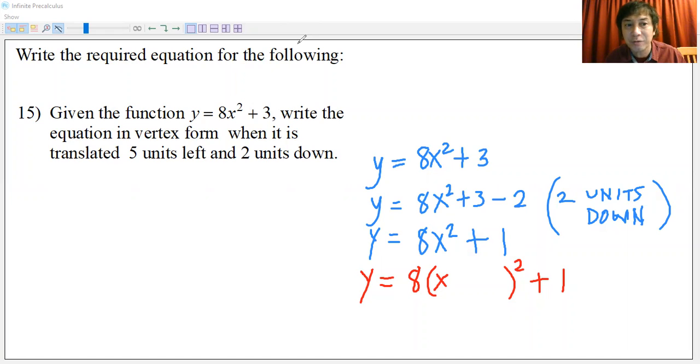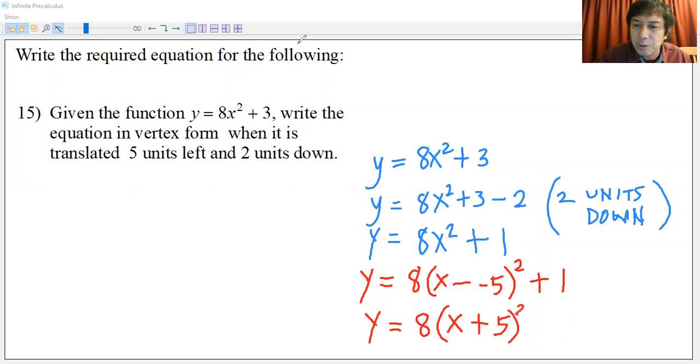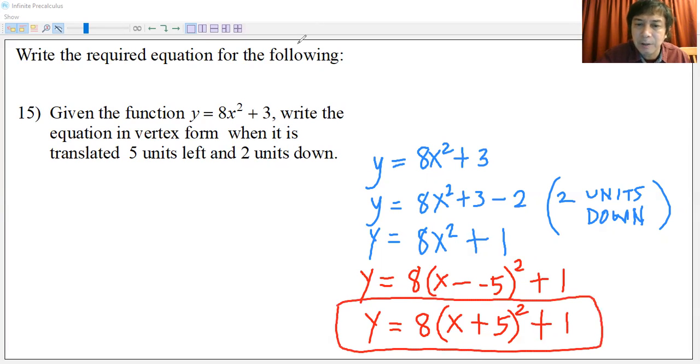Now we will have to move the graph 5 units left, so we will have to subtract a negative 5. And so this will now be y is equal to 8 times x plus 5 squared plus 1, and that should be the answer. 5 units to the left and 2 units down. All right, and so we shall see the answer over here.